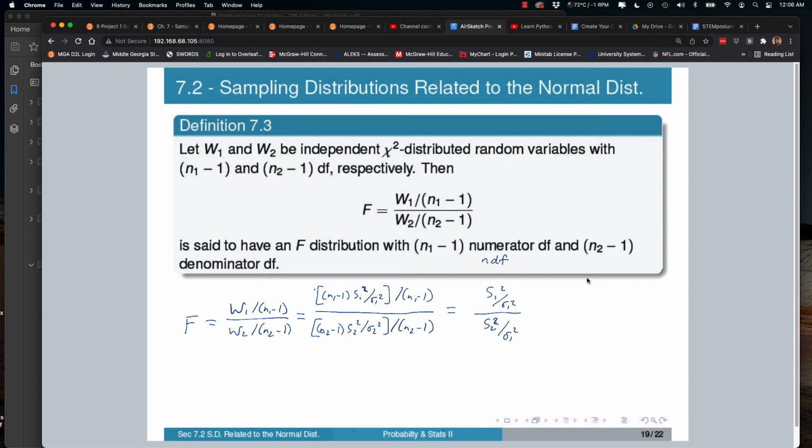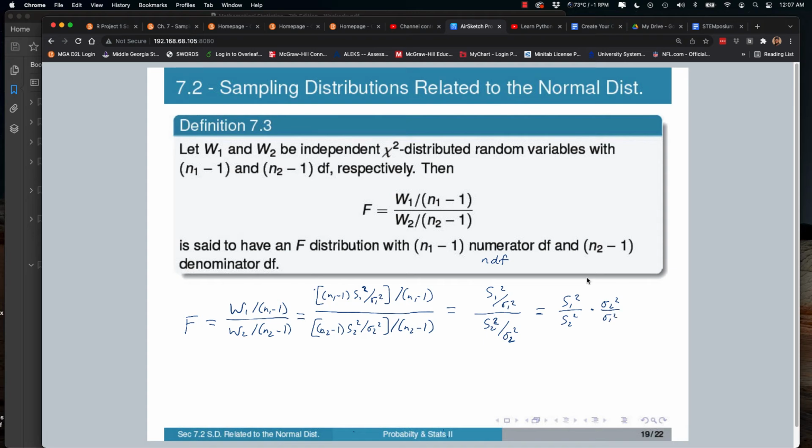Okay, and sometimes you'll see it written, and this is probably an important thing because it'll come up in one of the homework questions, whether one I do or one I assign you. But you can think about this as s sub 1 squared over s sub 2 squared, which we'll see written that way more often, times sigma sub 2 squared over sigma sub 1 squared.